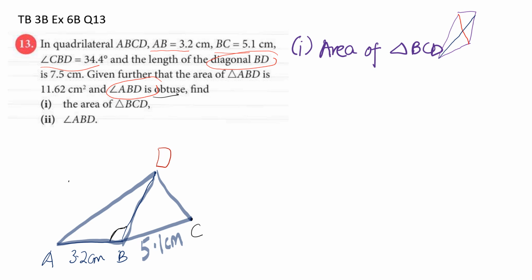So this angle here, I think our diagram makes sense because CBD is 34.4, which is an acute angle, and our diagram shows that CBD is an acute angle. All right, so the first part is to find the area of triangle BCD. Oh, you're also given BD to be 7.5. We can fill that in also.